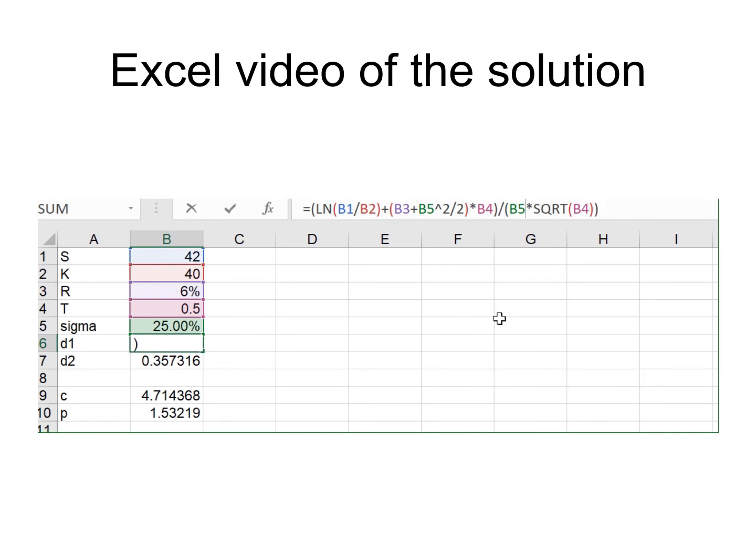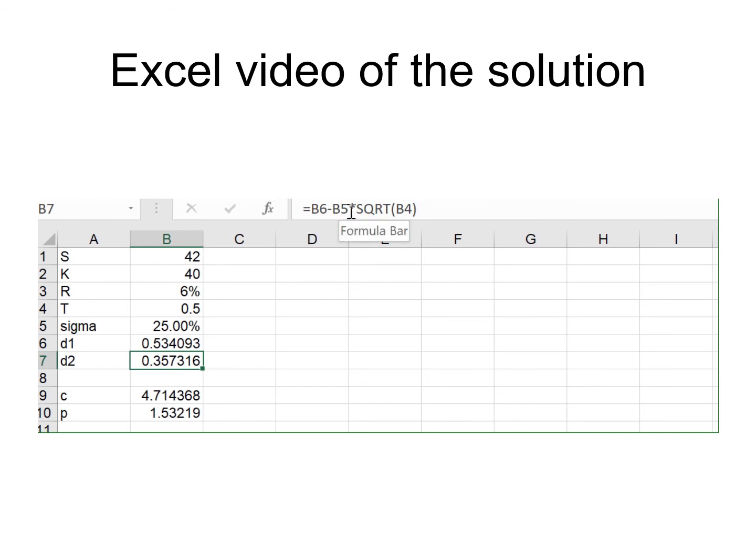Okay, so we get D1, and D2 is equal to D1 minus sigma times square root of T, right? So D1 is B6 and sigma is B5 times square root of T, where T is B4. Okay, so that's D2.